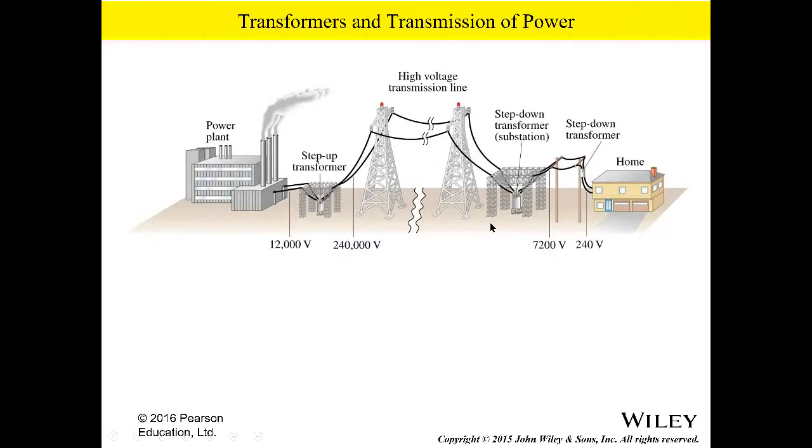Must be 300-400 miles, right? And so for the power industry, they want to reduce the resistance, because the longer it is, the bigger the resistance. The bigger the resistance, the more the power loss.